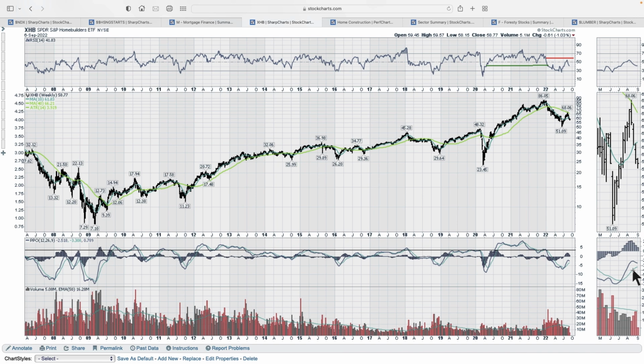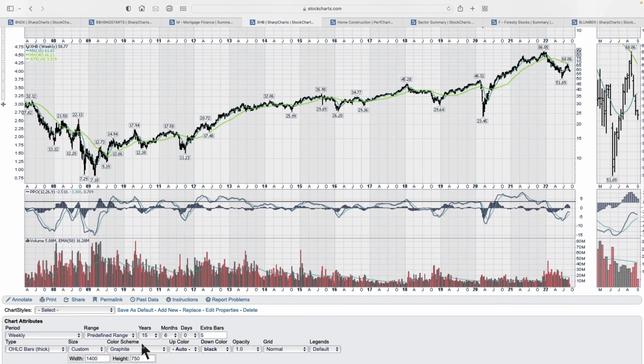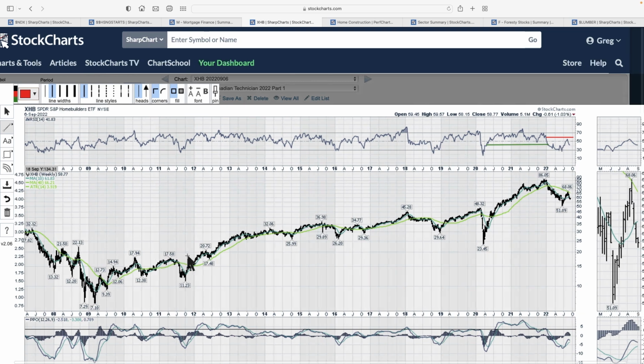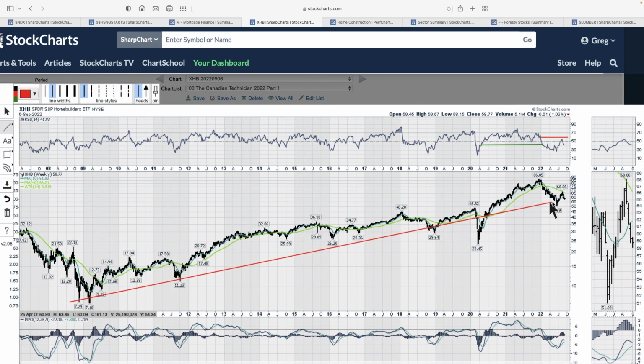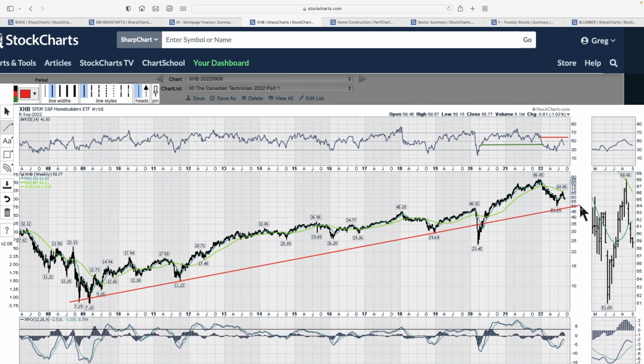So we haven't investigated any financials in the companies at all. We haven't done any, I'll call it, detailed analysis. But we can also do one more thing, and that is say, what is the general trend for the industry? And we could draw a line on here. And to me, that trend line is still holding.